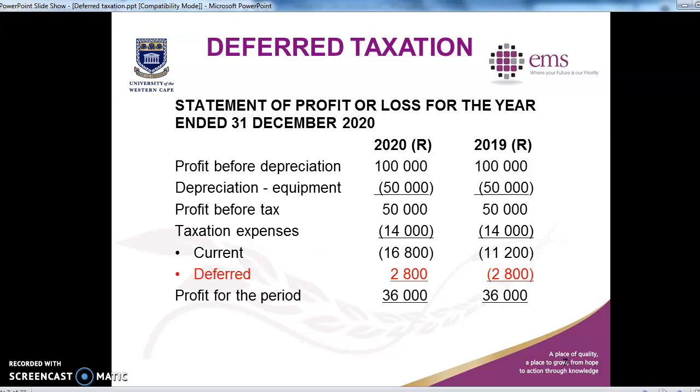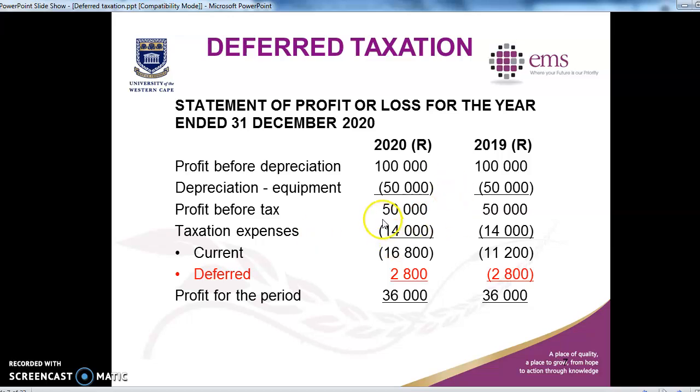So deferred tax. Remember, on our statement of profit and loss, we need to recognize the tax incurred. If we add in our deferred tax adjustment, our total tax should be the tax that we've incurred on our accounting profits.